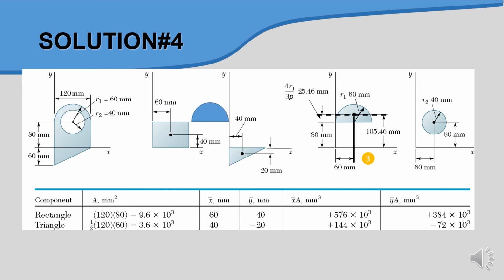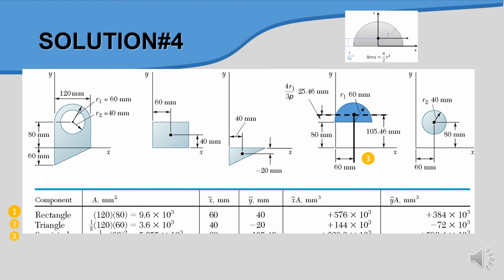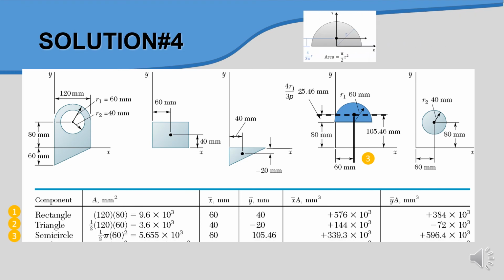And it also happens to the semicircle, whereby the semicircle is given radius r equal to 60. By using a formula, the x bar for the semicircle, if the semicircle is in this xy position, the x value is 0.